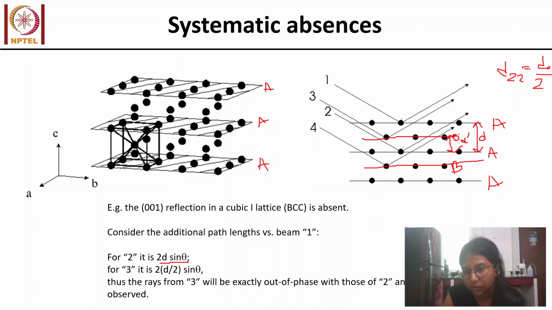For these to undergo Bragg's law, we will need 2d prime sine theta equal to some integral multiple of lambda. However, this d prime is half of this d, right? So instead of d prime we can write d by 2, and then these 2 and these 2 will cancel.